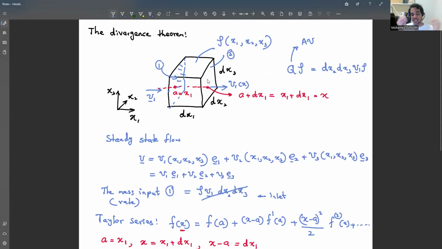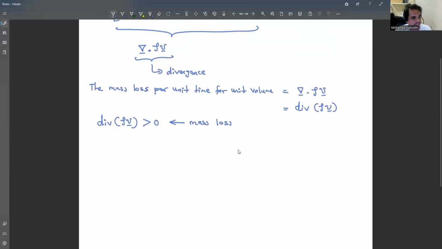If it is the other case, that means divergence is negative, so rho v is negative. In this case, it's mass gain, right? So that means mass increase.